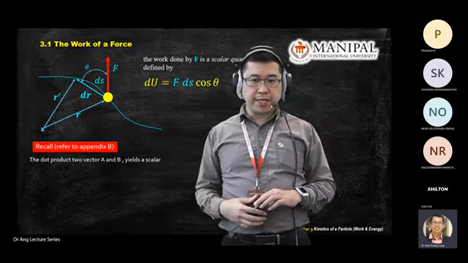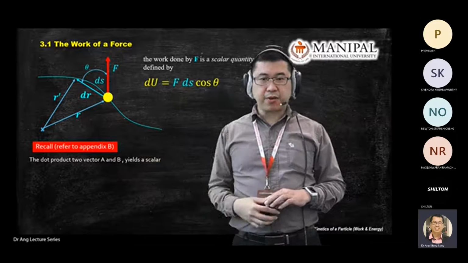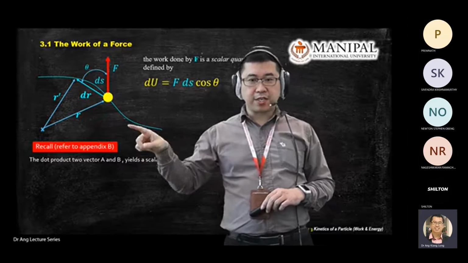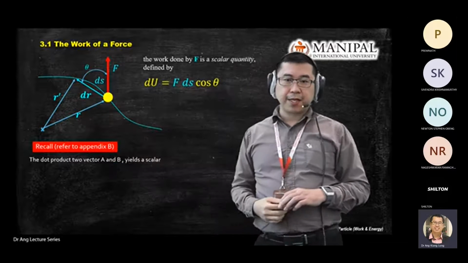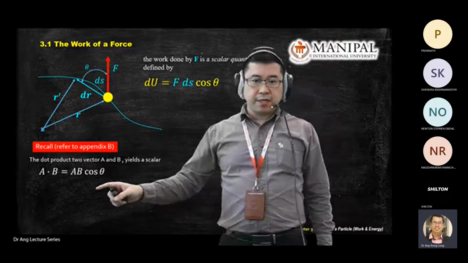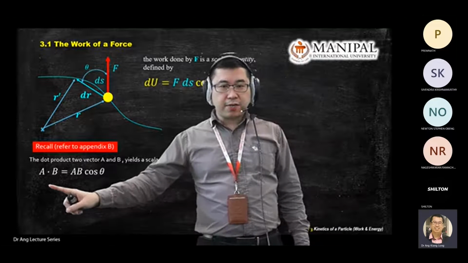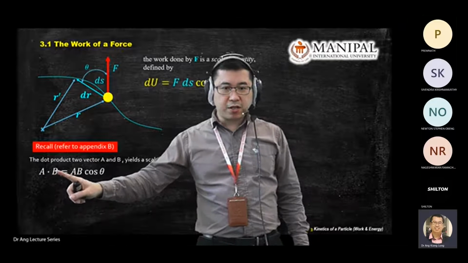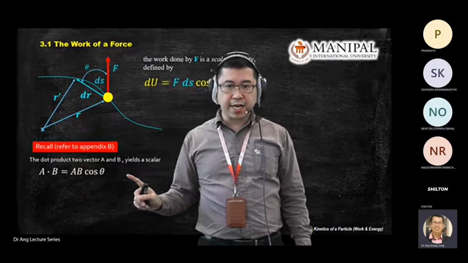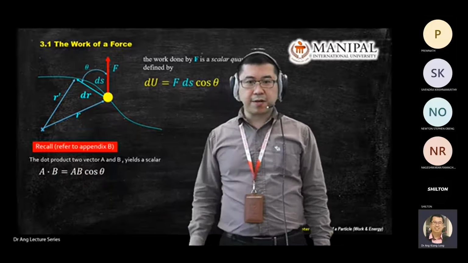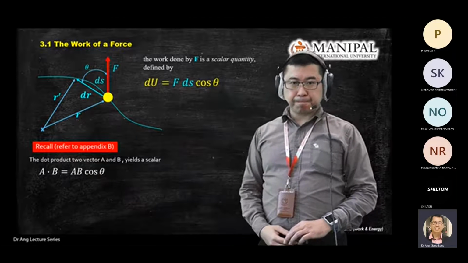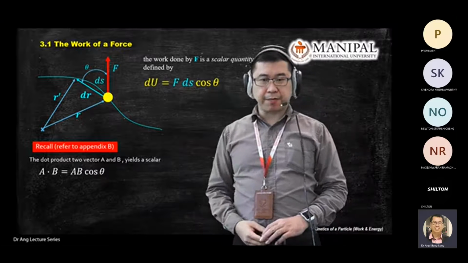There are lots of things to read under appendix B. One of the sections talks about vectors: A dot B means vector A dot vector B, you get a scalar, AB cos theta. It is under the vector chapter in mathematics.